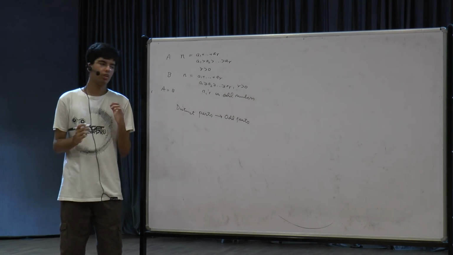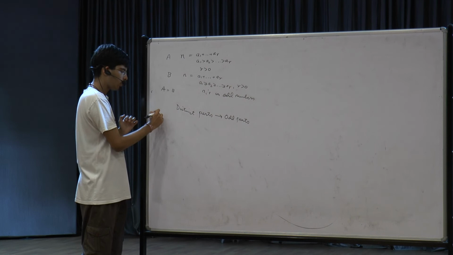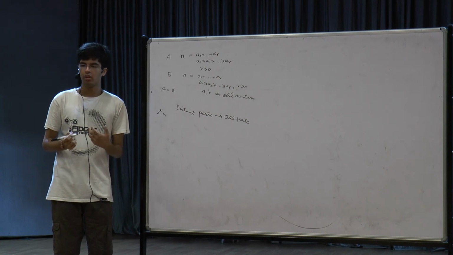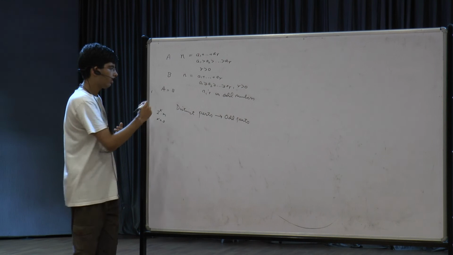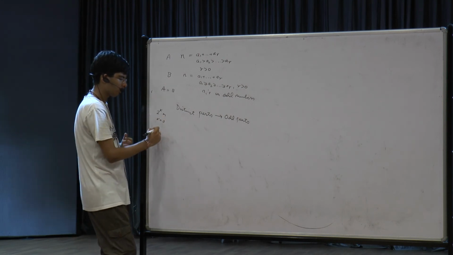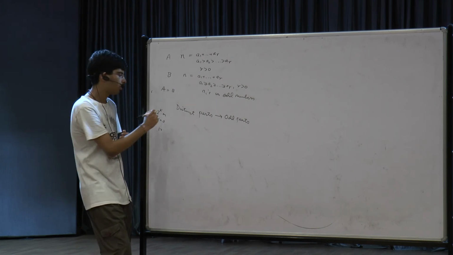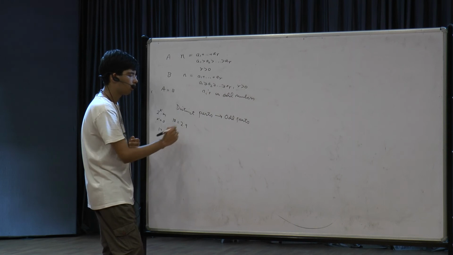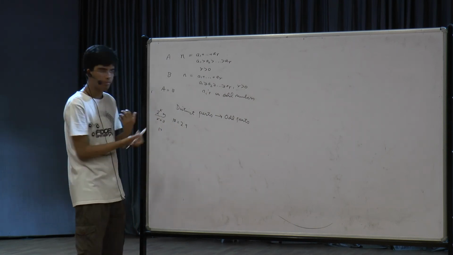And natural numbers will have some power of 2 dividing them, so 2 to the power k times m. This is what all natural numbers look like, right? k is allowed to be 0. So if it is an odd number, say 17, then m is allowed to be 17 and k is 0. If it's 18, I can write it as 2 times 9. And in general, for any natural number, I can write it as 2 to the power k times m.